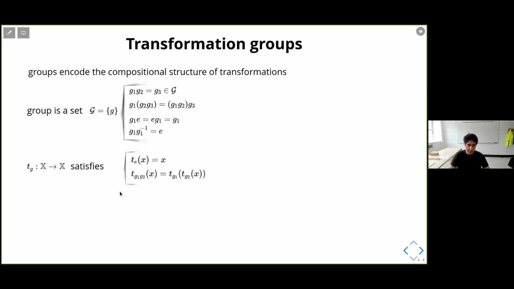Once T satisfies this condition, we call T the action of the group G on the set X, and we call X a G-set. Moving forward, rather than writing T_g of x, I'm going to write g·x. This means that x is being transformed using the group member g.